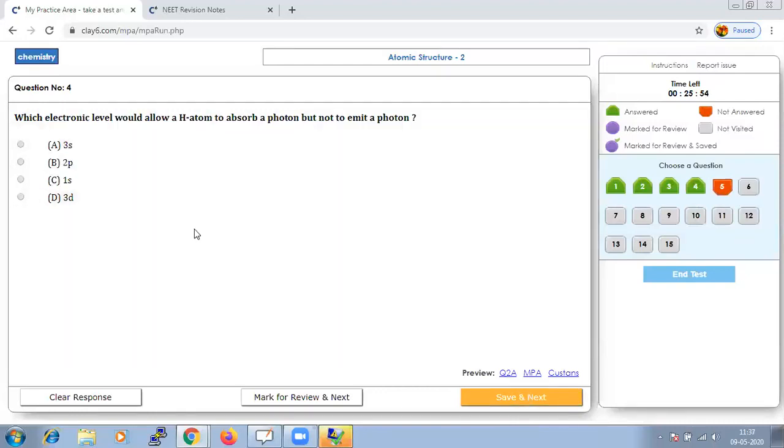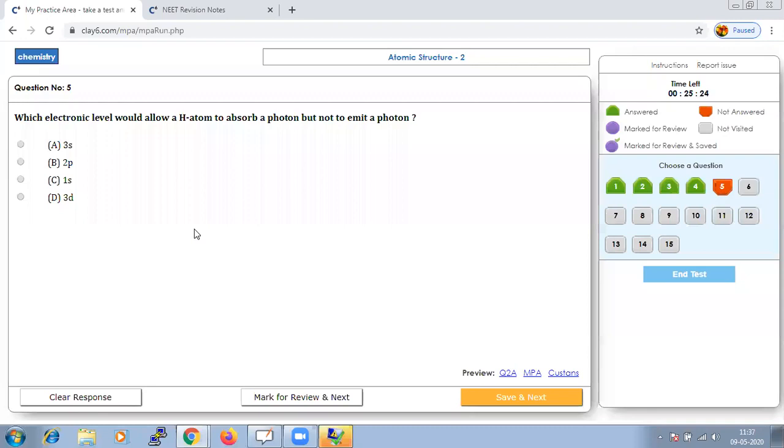And the next question says, which electronic level would allow an H atom to absorb a photon, but not emit a photon? The question itself gives the answer. It is a self-explanatory question.